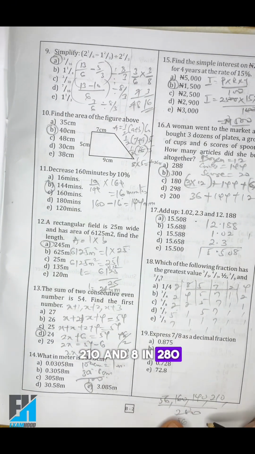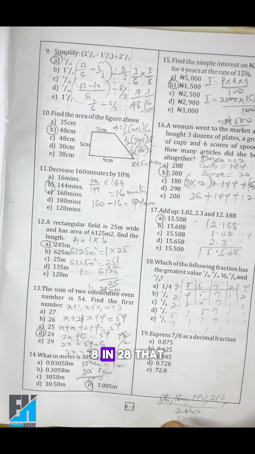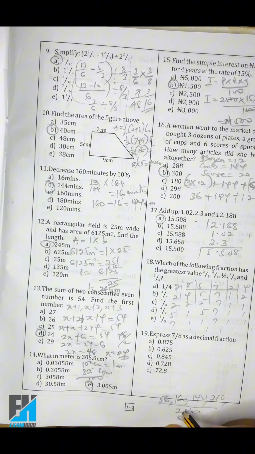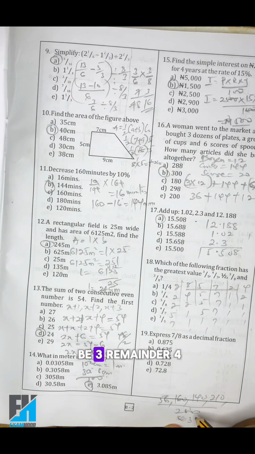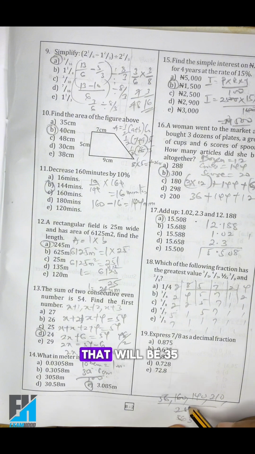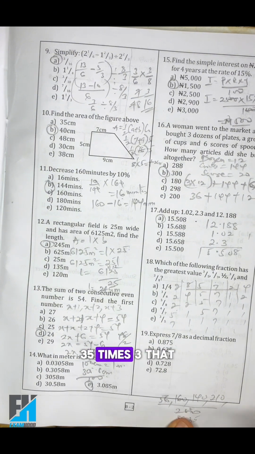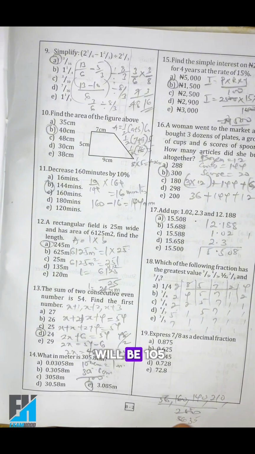And 8 in 280, 8 in 28 will be 3, remainder 4, that will be 35. 35 times 3 will be 105.